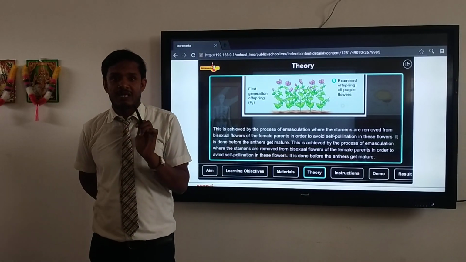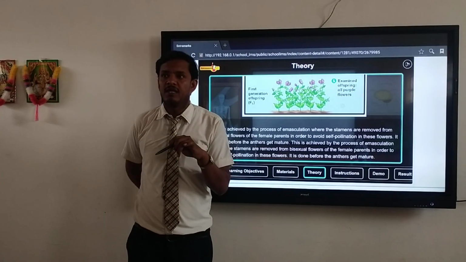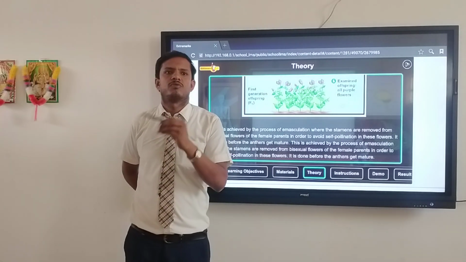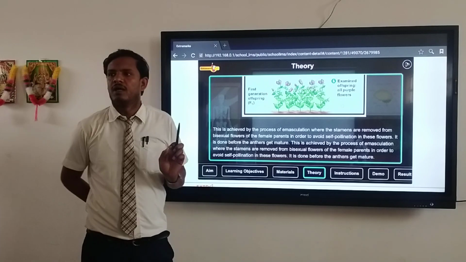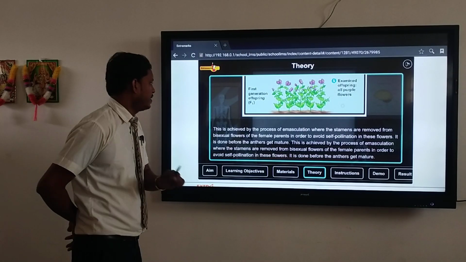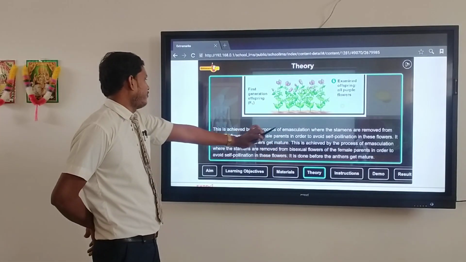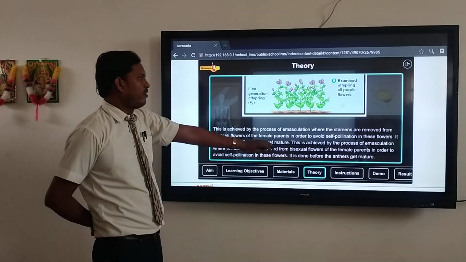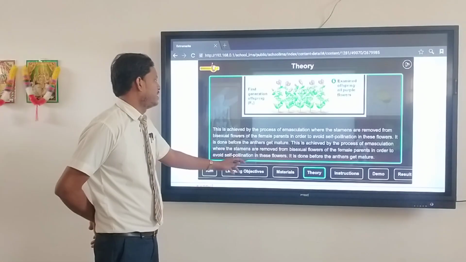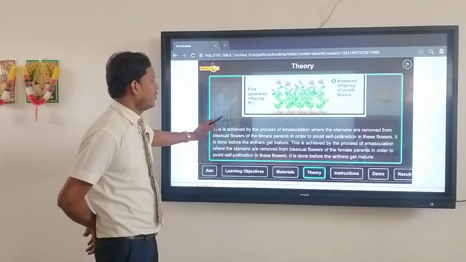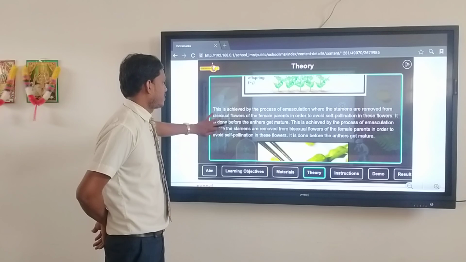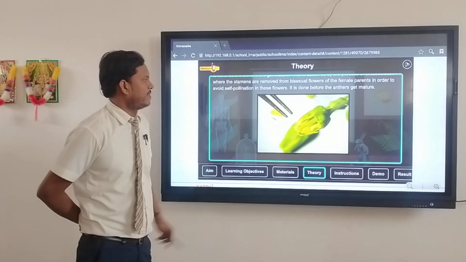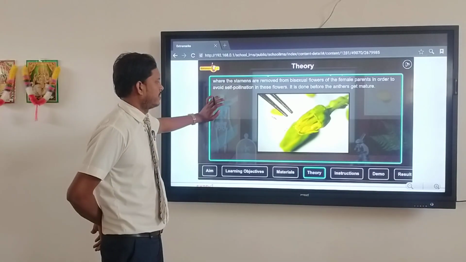So it is very necessary that we remove the anther before maturation, because if it matures, it will disperse or fall on the stigma, and our aim will fail. See, this is how we perform the experiment. The anther is removed.